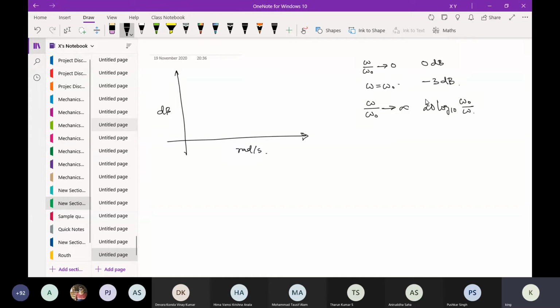So again remember that these two are basically asymptotic representations of this log value.